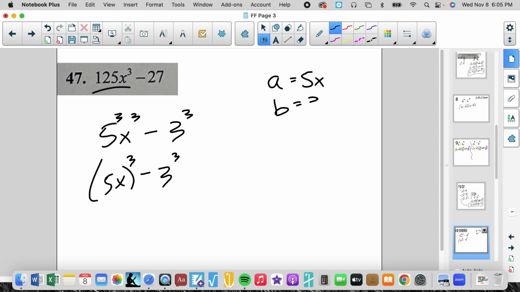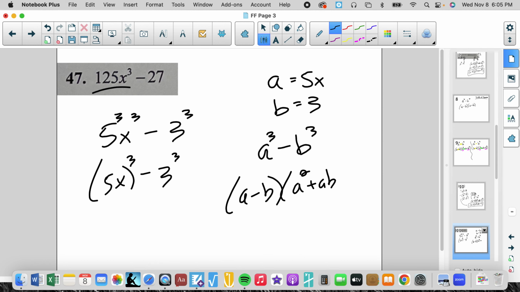So my b is going to be 3. So I have a cubed minus b cubed, which produces a minus b and a squared plus ab plus b squared. So let's plug these values back in.